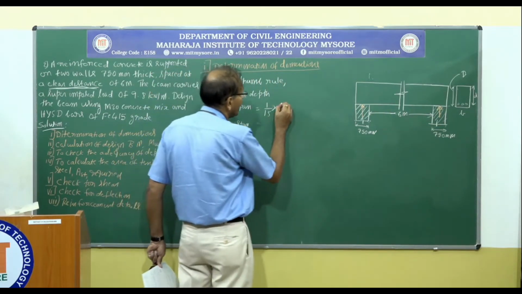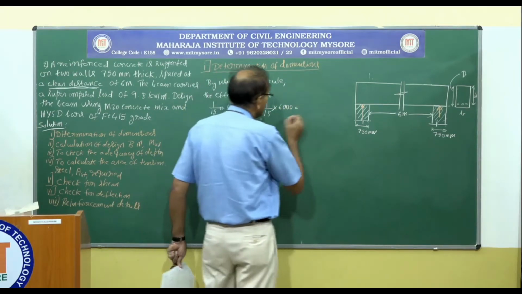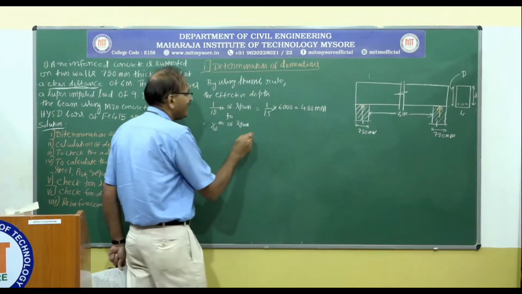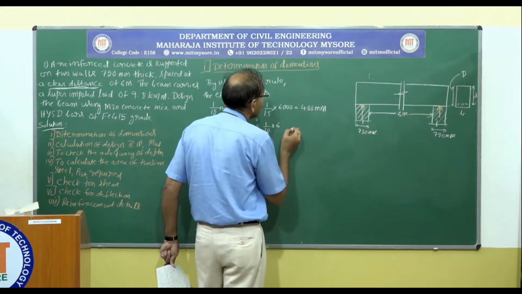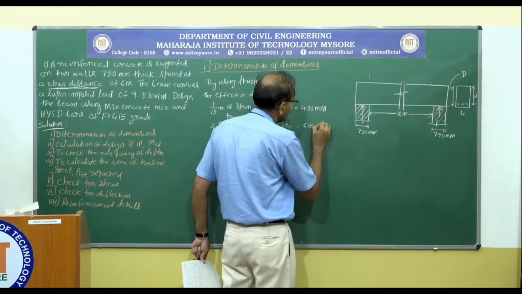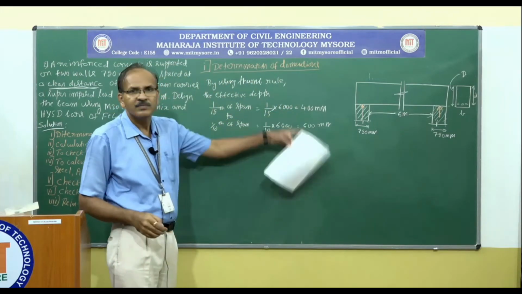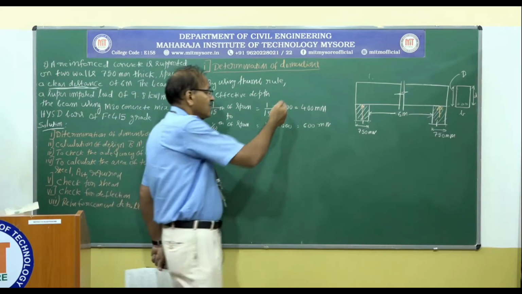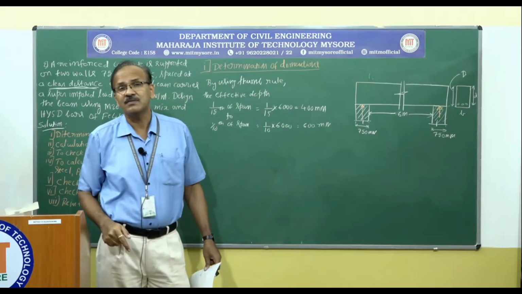So here I am taking only 6 meter, that is 6000 millimeter, that is 400 millimeter, and 1/10 is 600 millimeter. So I can pick up a total effective depth, any value between 400 and 600.